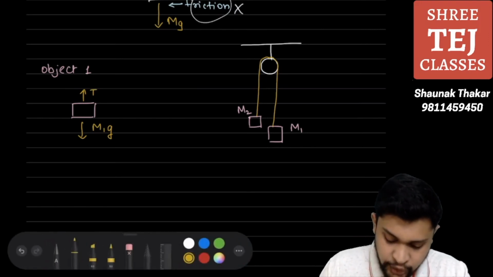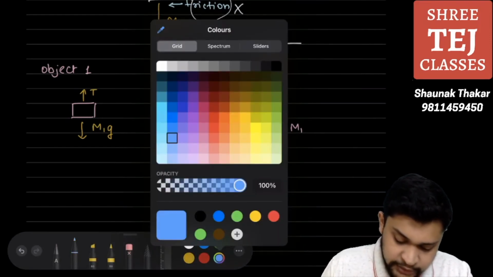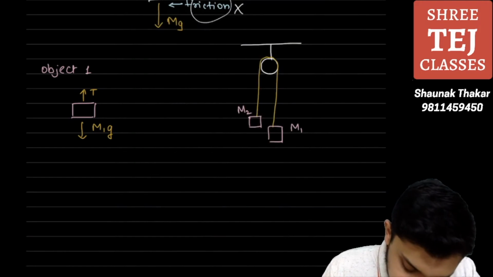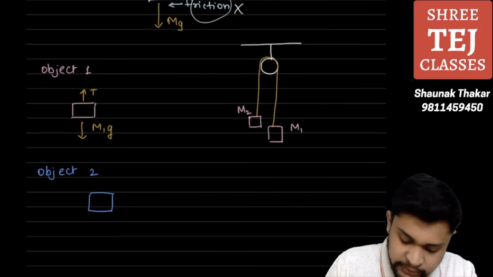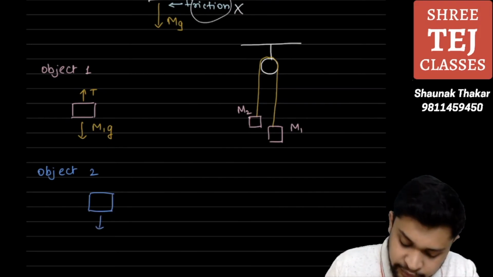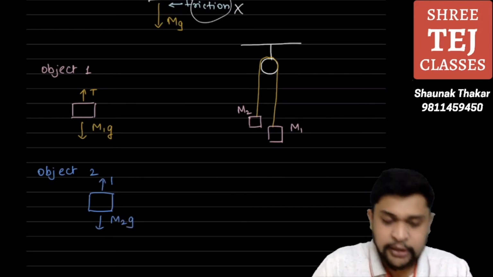Now let us move on to object 2. So for object 2, again first force is m2g and again tension T.